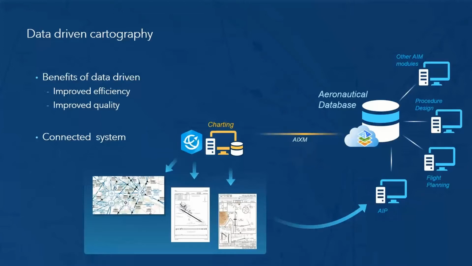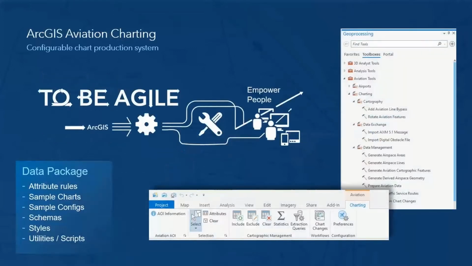Within ArcGIS Aviation, we can help identify that through things like data review or data validation against some of the schemas that we have. At the end of the day, improved efficiency and improved quality is going to ultimately increase safety across the charting community.